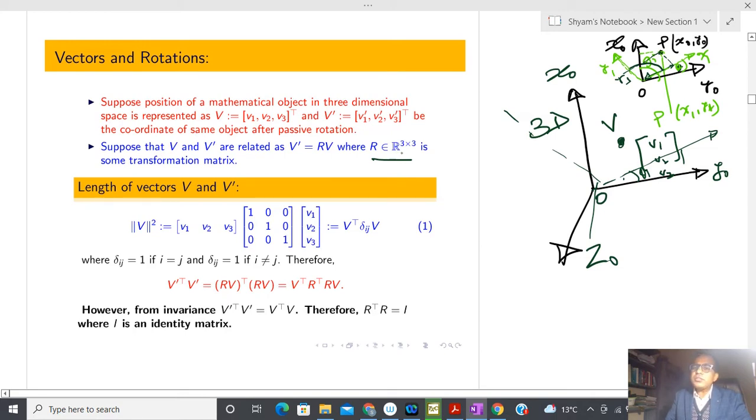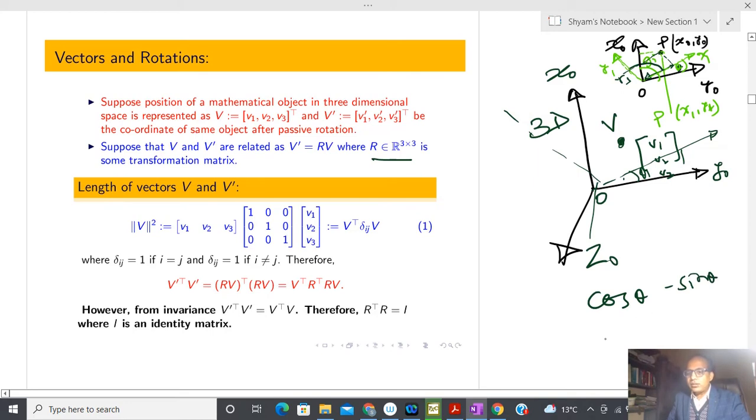You might have done this kind of calculation several times during school time: suppose I have some point P in coordinate frame x0 and y0, and you have to represent the same point in x1 and y1, and at that time this kind of matrix comes into picture.